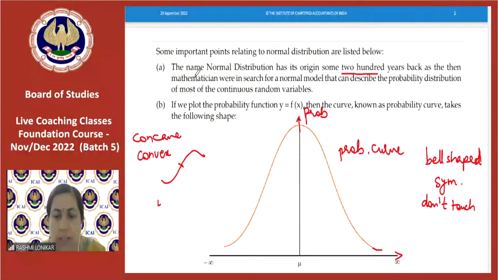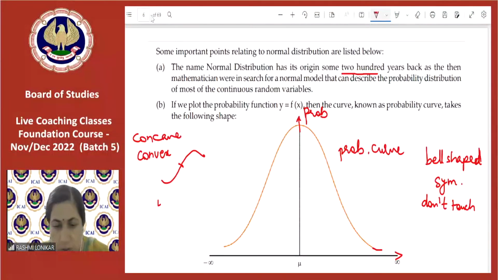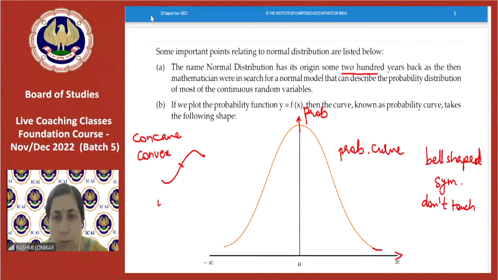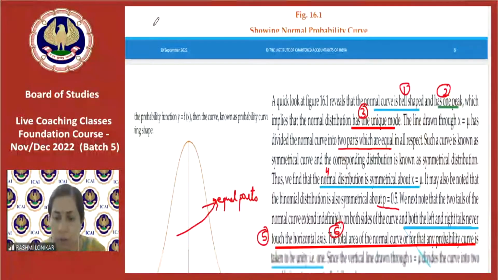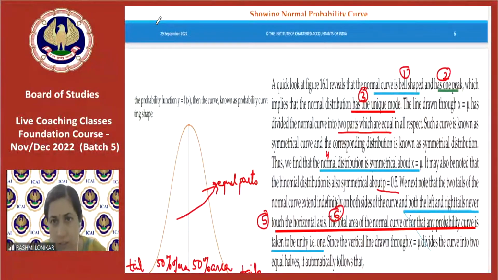Okay. Then we are talking about the probability curve. There will be points of inflection. These points of inflection are where the concave curve becomes convex and the convex curve becomes concave. Then remember that this probability curve is symmetrical about x is equal to mu.